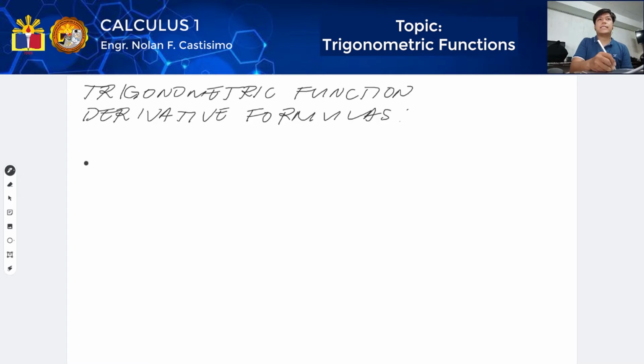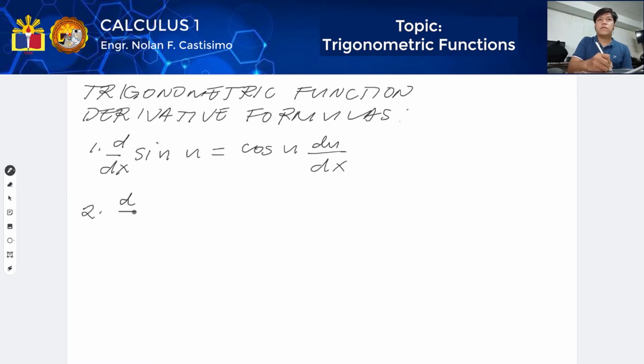So, we have 6. Number 1 is the derivative d over dx of sine u is equivalent to cosine u du over dx. And then number 2, we have the derivative of cosine u is equivalent to negative sine u du over dx.